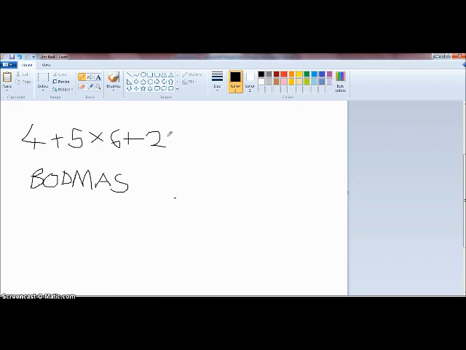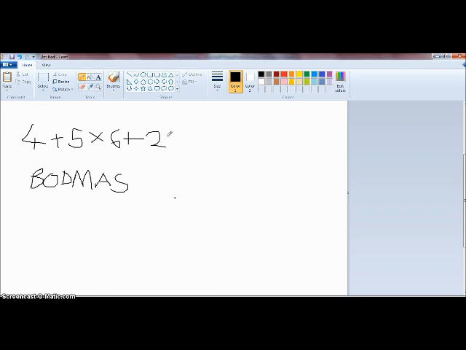Okay, multiplication follows next. But here are some two rules which are important for you to always remember. Multiplication and division, they have equal status. So you can do multiplication and division from left to right as they appear. Then addition and subtraction, they have also equal status. You can start with either of them.